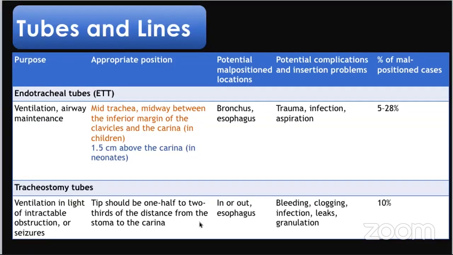The tip should be 1/2 to 2/3 of the distance to the carina. Malpositions may be in the esophagus as well. The complication may be bleeding, infection. 10% of malposition.